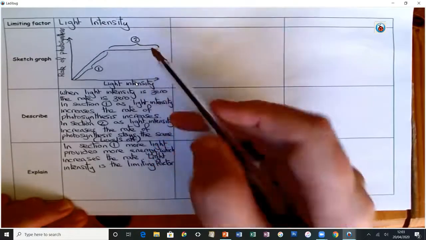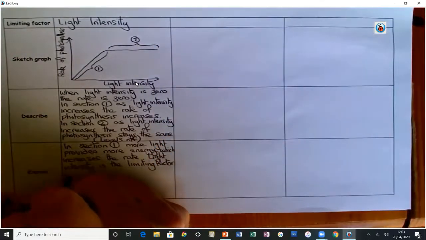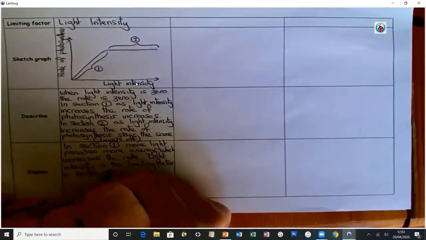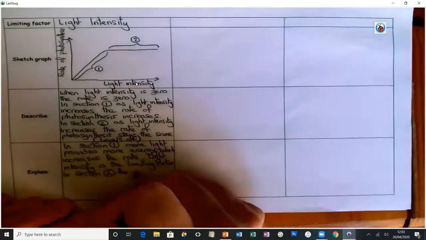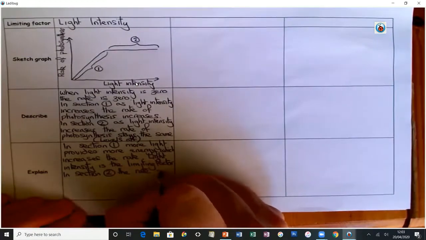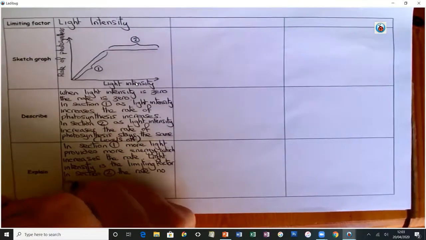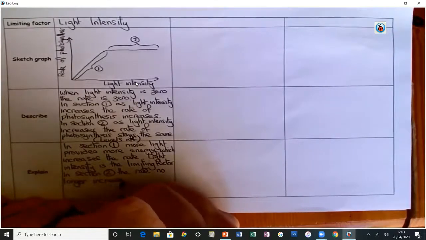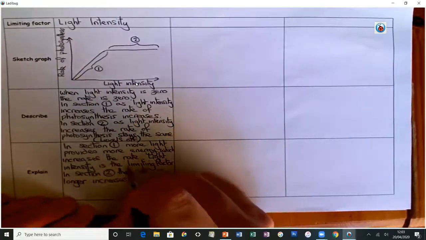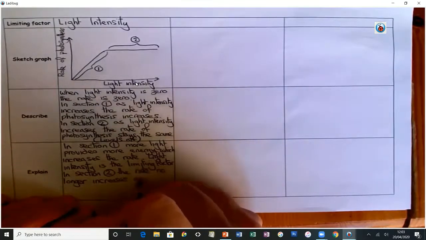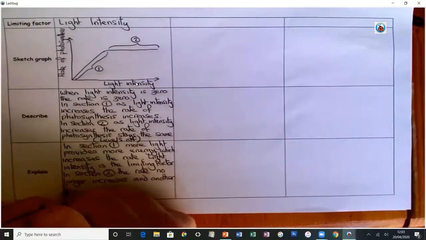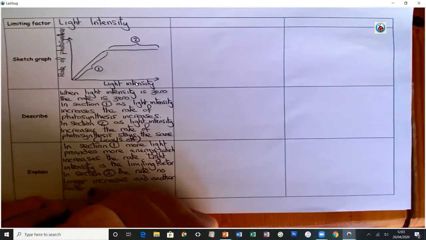So let's write that down. In section 2, the rate no longer increases, and another factor is limiting.